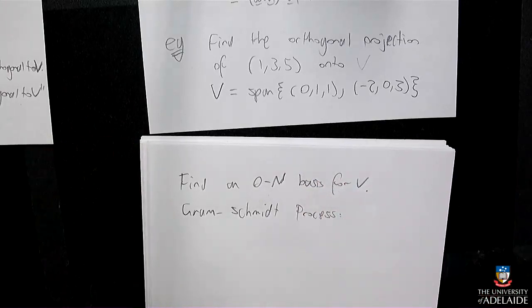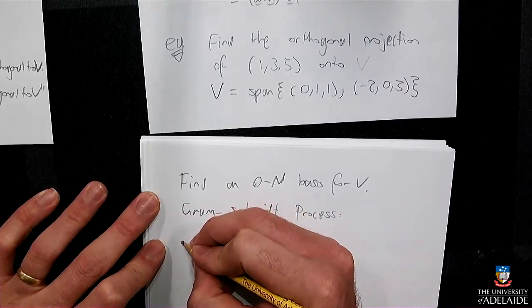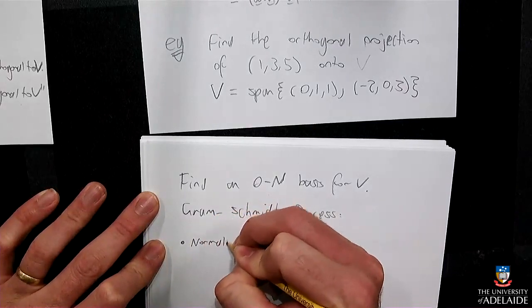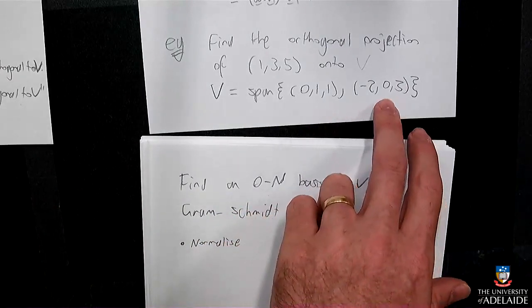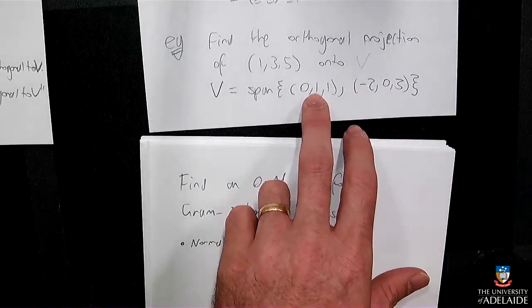Okay, so the Gram-Schmidt process goes: normalize first. I get to pick which vector is the first vector, and that one looks like it's going to be hard to find the length, so I'll do this one.